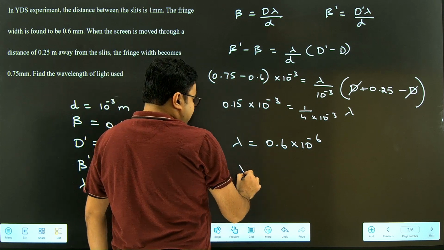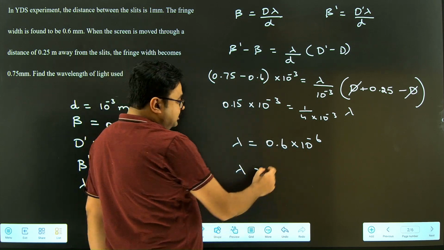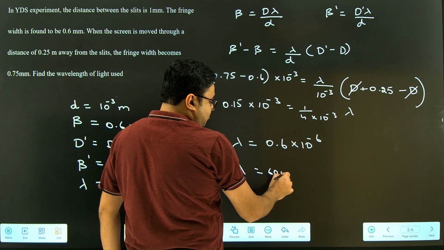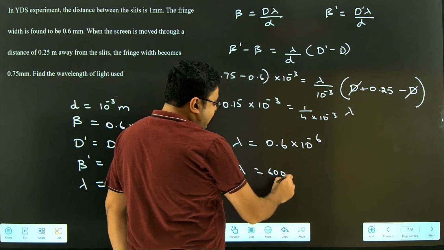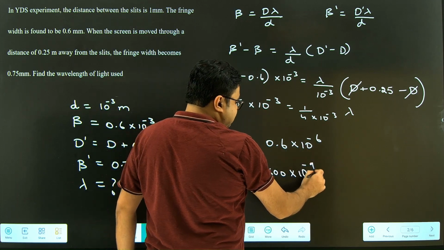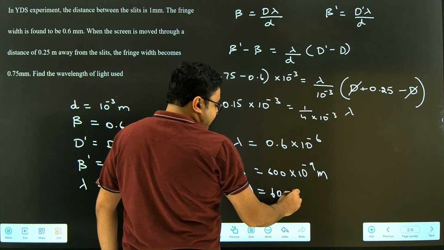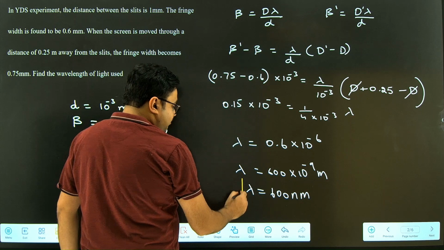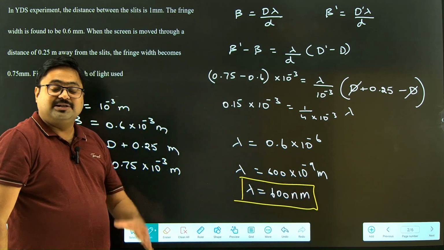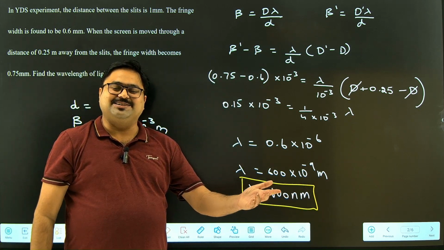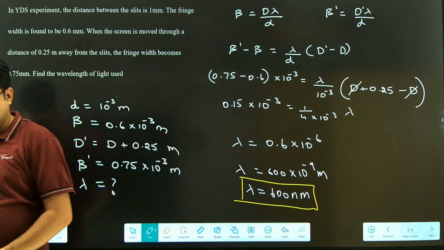Well, you can write it in nanometer. By shifting the decimal place 3 times further, you can write this as 10 to the power of minus 9 meter, which can also be written as 600 nanometer, and that happens to be your final answer. It's as simple as that to crack this question. Let's look at the next one.